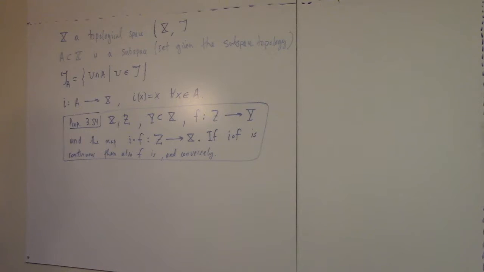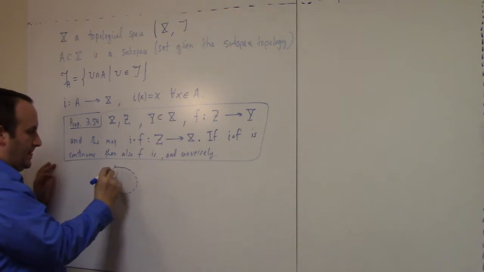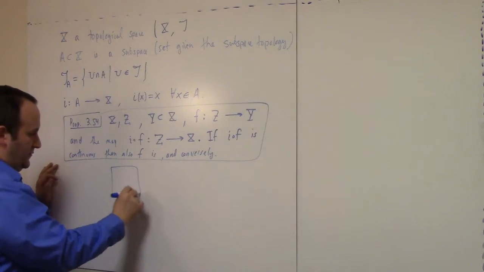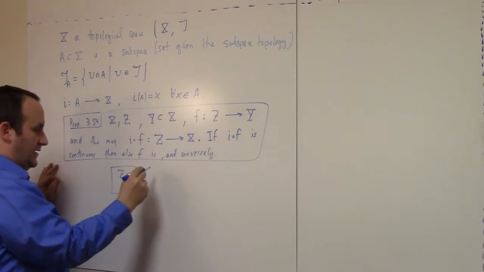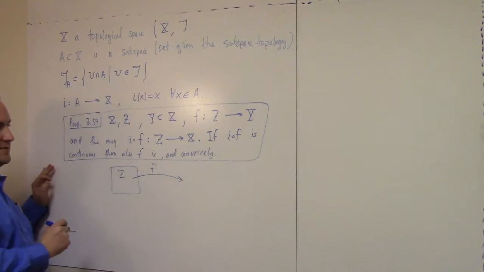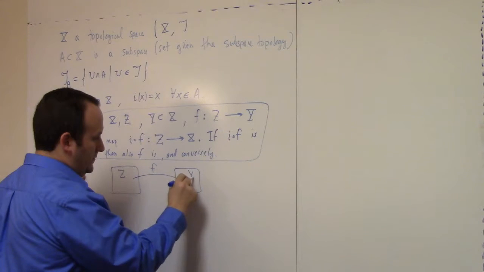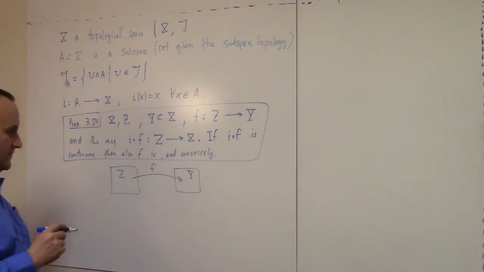So let's see, here is a picture, right? Z, right? F goes like this, right? F is mapping to Y. Then what? Y is a subset of X, right?